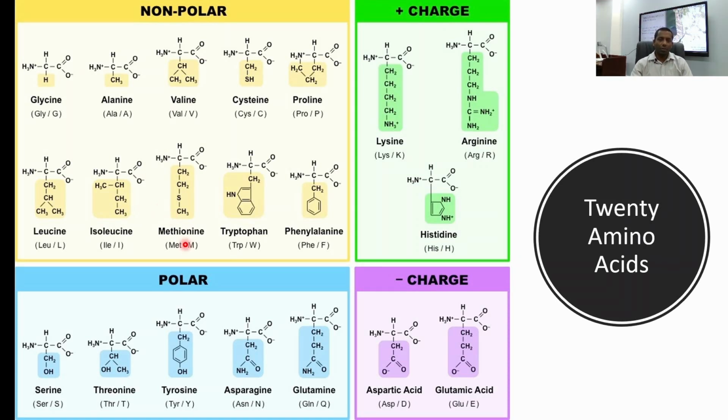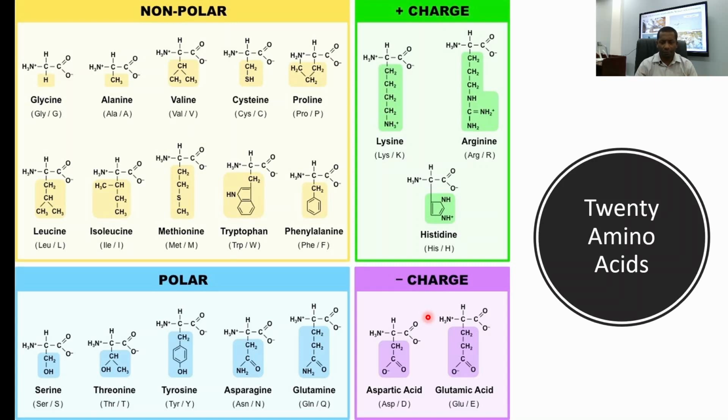So when we talk about amino acids, in a given cell we have 20 different types of amino acids. You can group them into 4 categories. There are non-polar amino acids, polar amino acids, and charged amino acids, both positively charged and negatively charged amino acids. We have 20 different amino acids, but we only have 4 nucleotide bases.